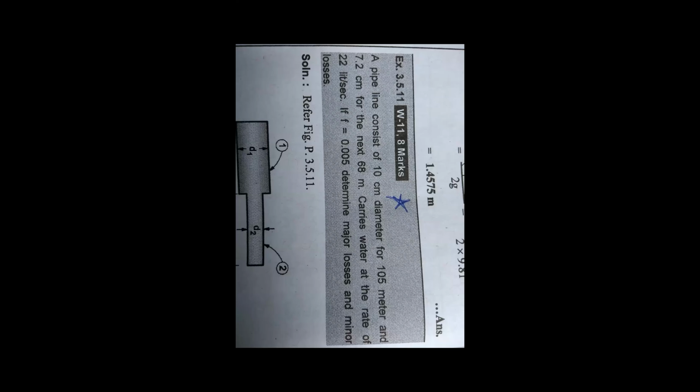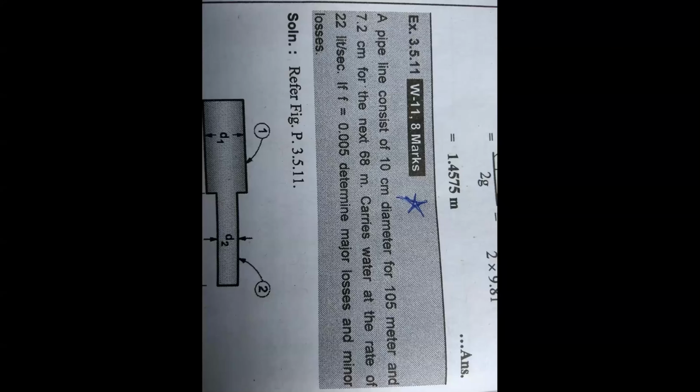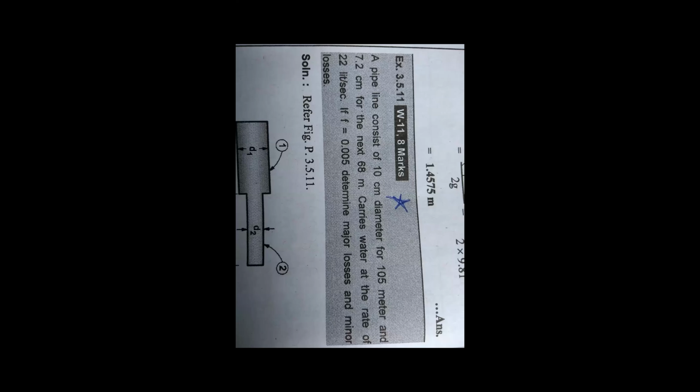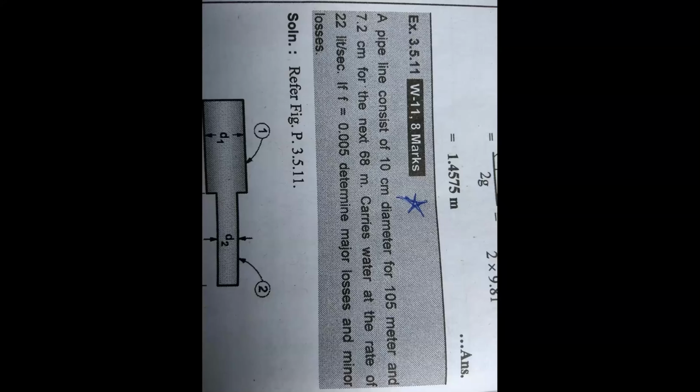A pipeline consists of 10 centimeter diameter for 105 meter and 7.2 centimeter for next 68 meter. Carries water at the rate of 22 liter per second. If small f equals 0.005, determine major losses and minor losses. Also, they have given the figure.